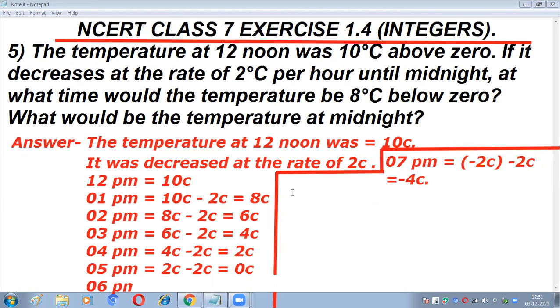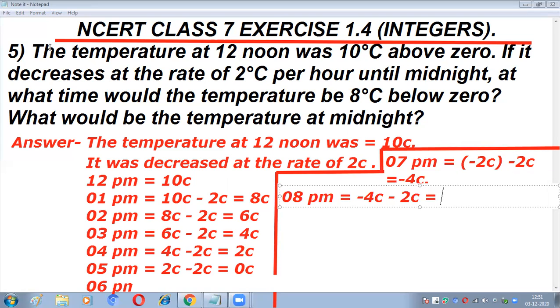Okay, now we'll start from here, from 8 p.m. 8 p.m. is equal to minus 4 degrees Celsius minus 2 degrees Celsius.